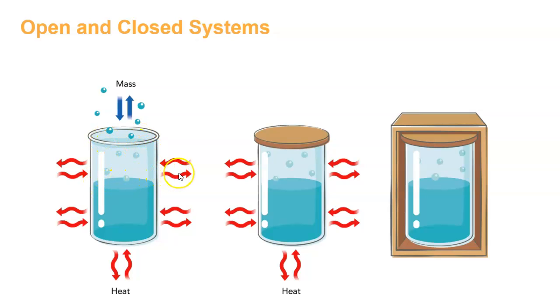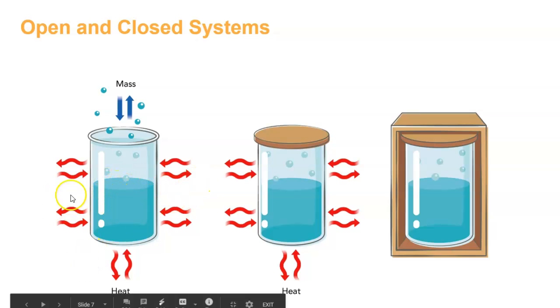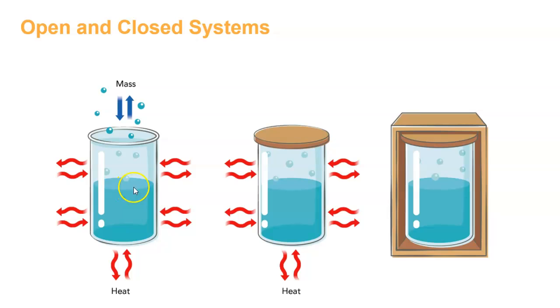If you leave it on a counter, the heat or the energy from the surroundings is going to go towards the glass, and eventually the glass of water is going to get warm. So heat is going to come in from all directions. If you take the same glass of cold water and put a lid on it, it still won't prevent energy from flowing through the system.